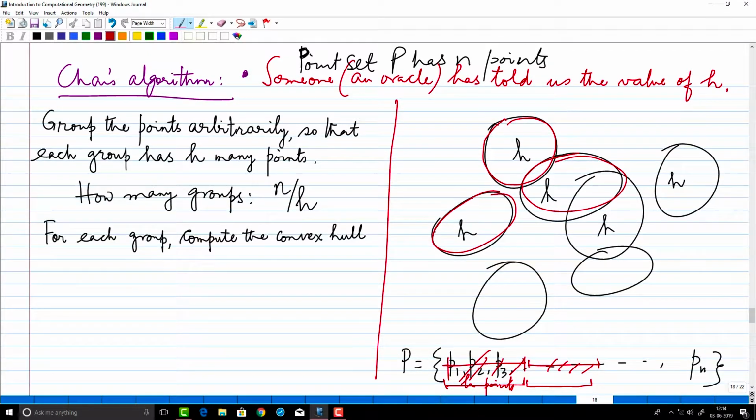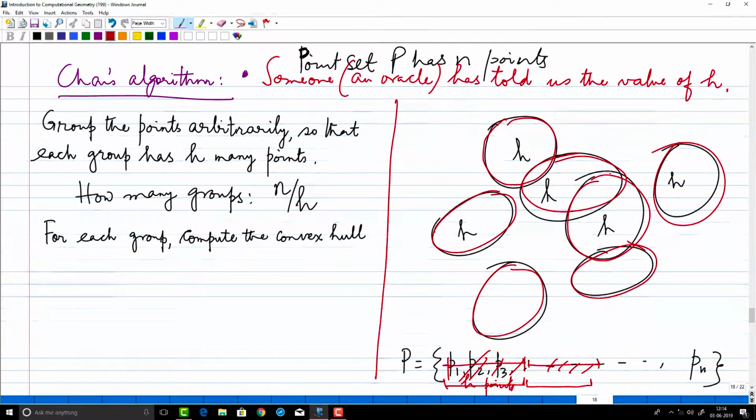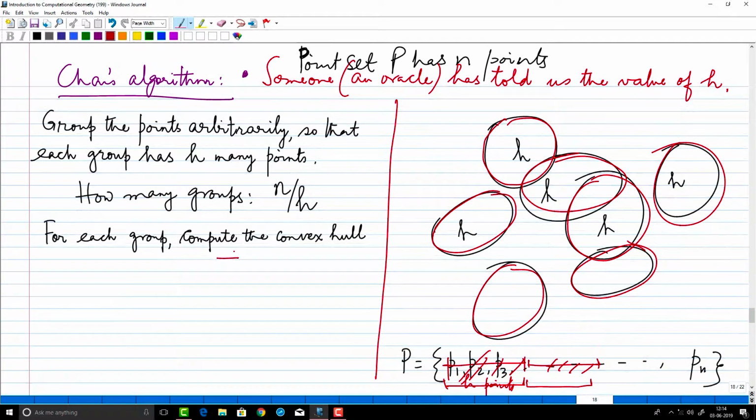See, points are not repeated, but the convex hulls may overlap. The convex hulls may overlap, fine. So, to compute the convex hull, let me compute it using Graham scan.